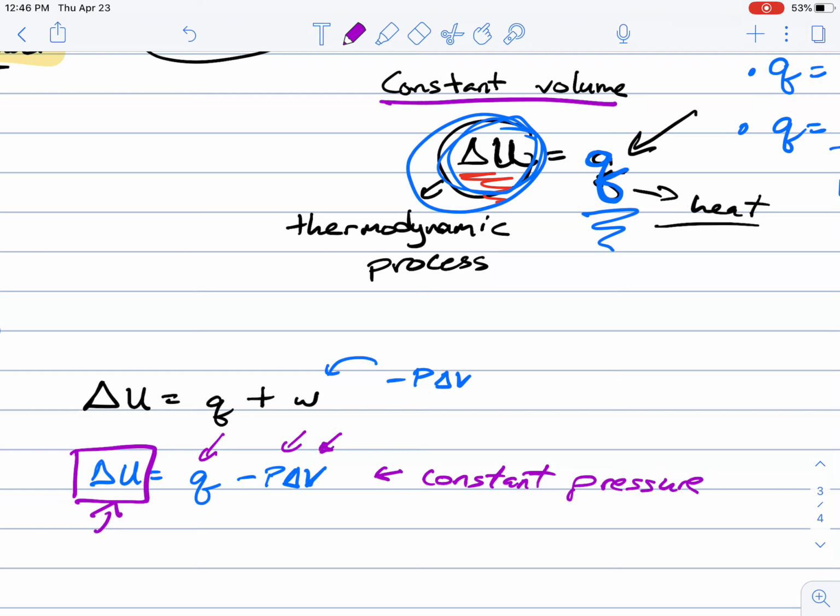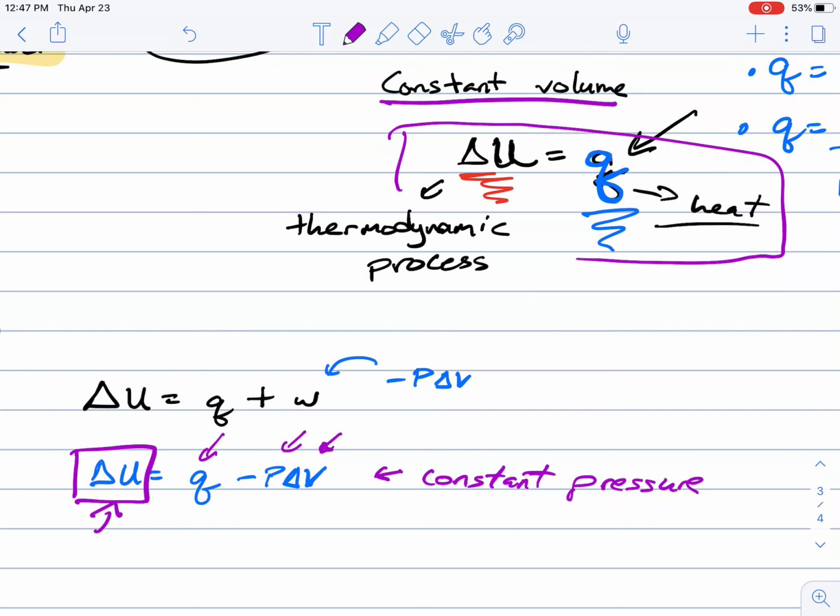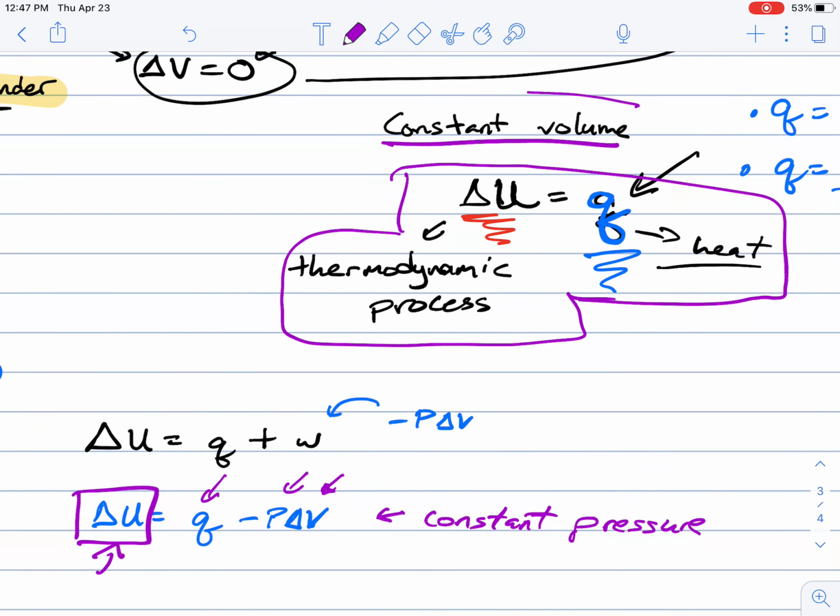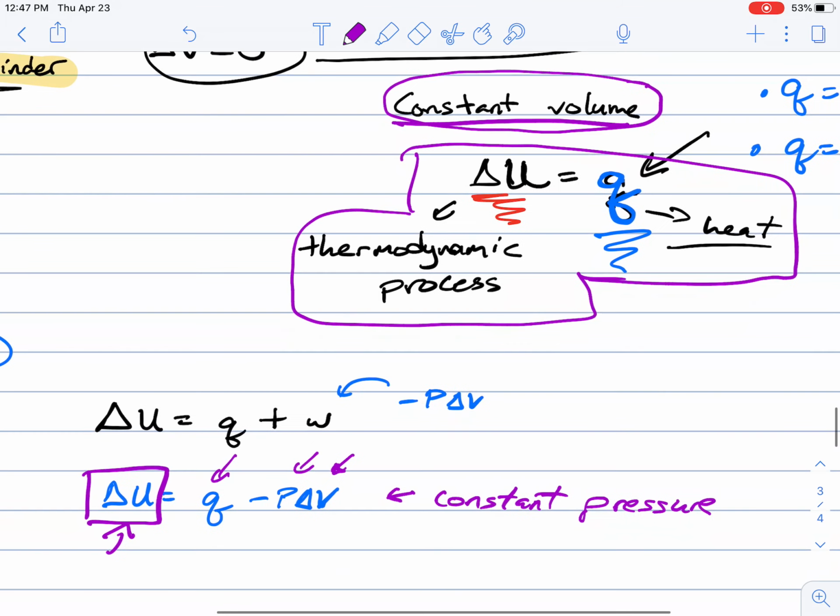And that is a huge difference from the equation we came up with for when the reaction is occurring under constant volume.